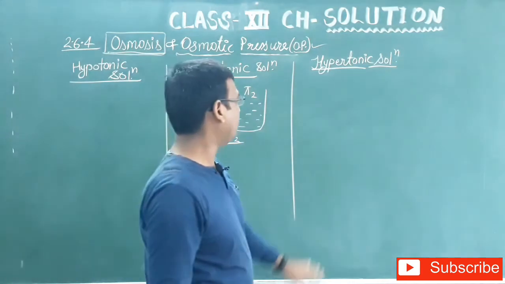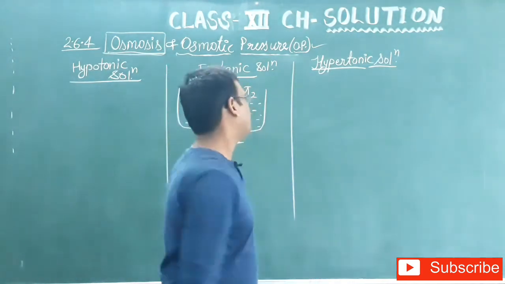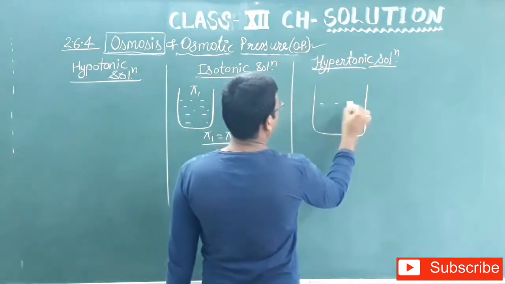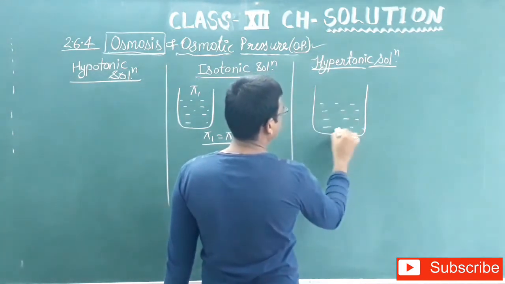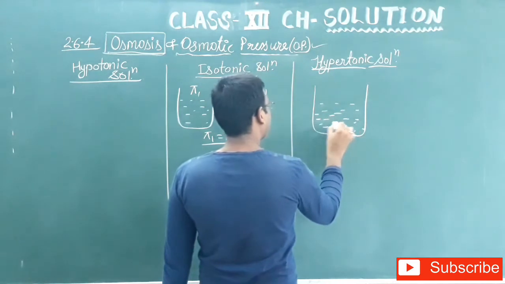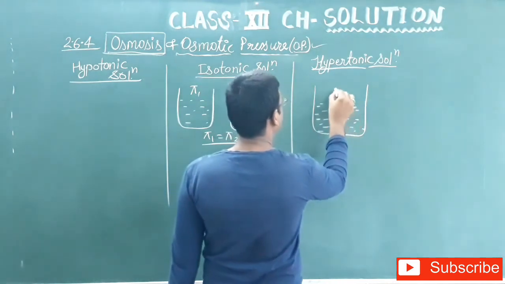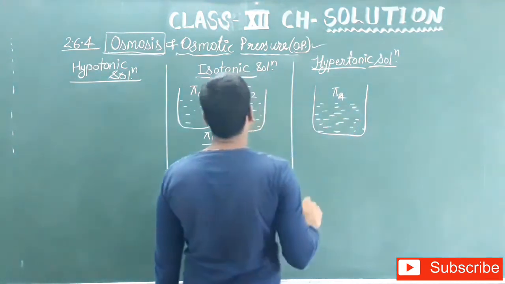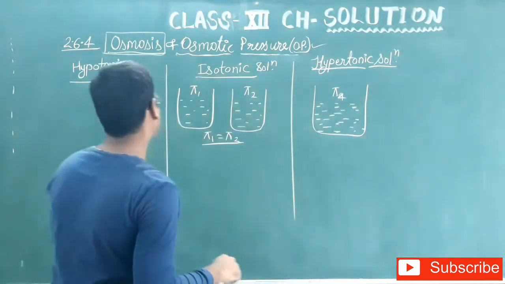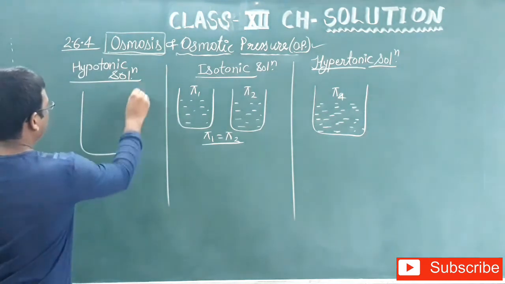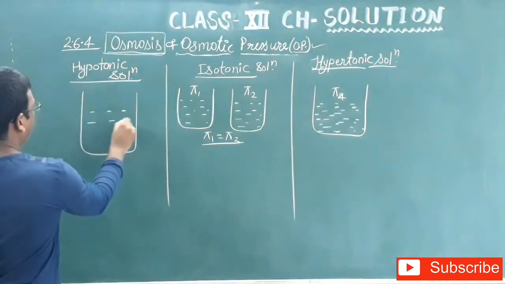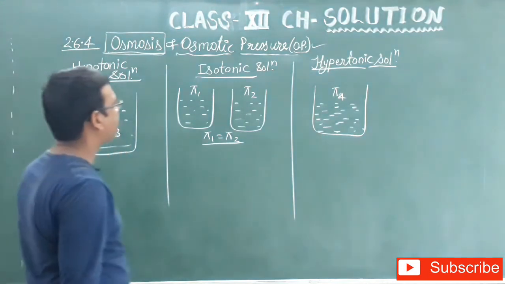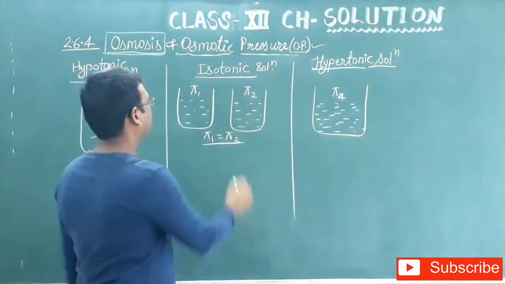Now here I have taken another one. Just see here, the container contains a solution whose osmotic pressure is pi 4. Where is pi 3? Here it is, pi 3. Pi 1 and pi 2 are equal.